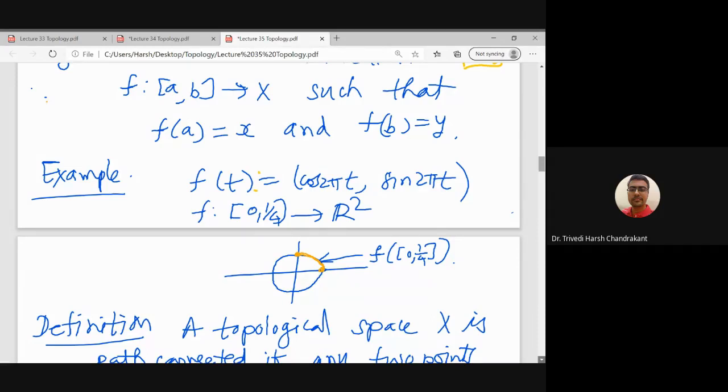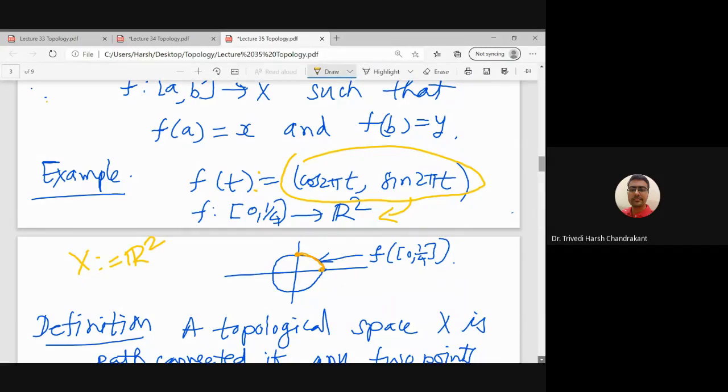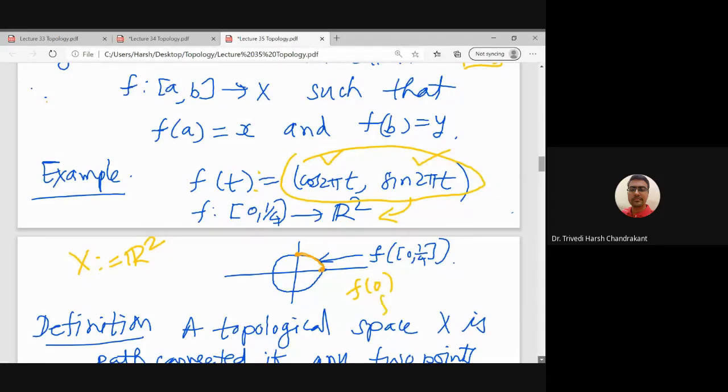Then we know that this is an element of R2. So basically we are taking X equal to R2 with the standard topology, and with respect to the standard topology, this function is continuous because its coordinate functions are continuous. So this function f is continuous and it is a path from f of 0 to f of 1 by 4.